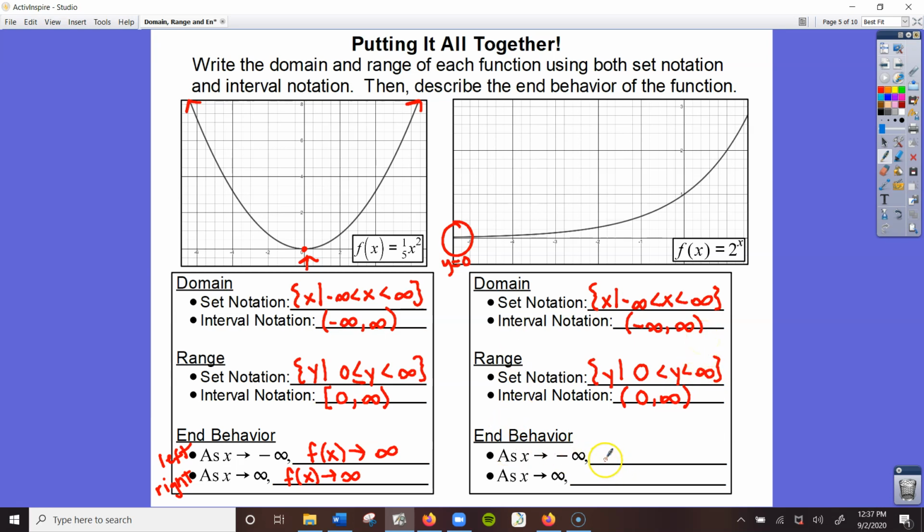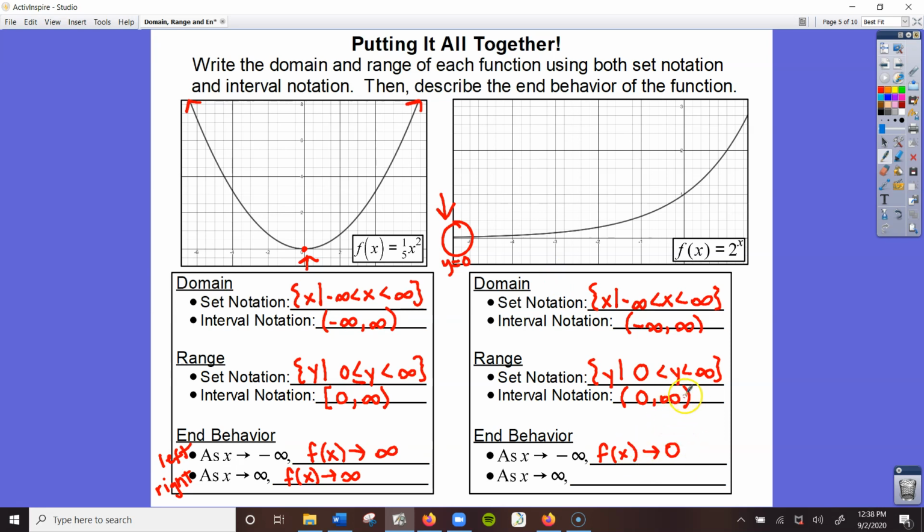As we go on to end behavior, as x is approaching negative infinity, this means that I'm looking at the left side of my graph. My y values, f of x, is approaching 0. This is because it's not going down forever, but in fact leveling out, so we put that it's leveling out here at 0.